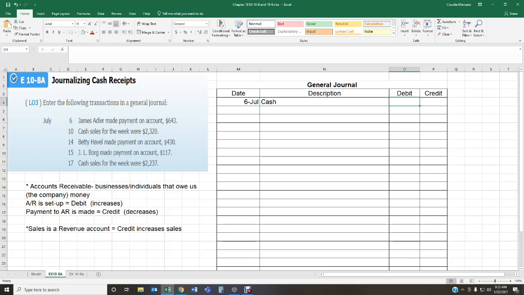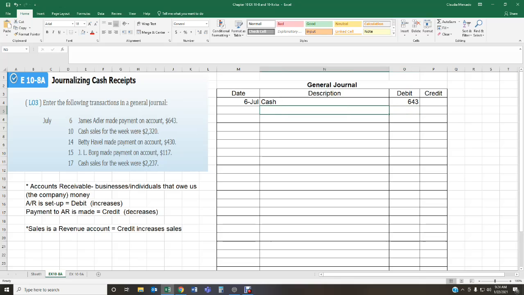Whatever type of payment method is used, usually we record it as cash because we are receiving money for it. So a payment was made. We received cash. So cash is an asset account. The normal balance is a debit. So we have more cash now. That increases my balance by $643.